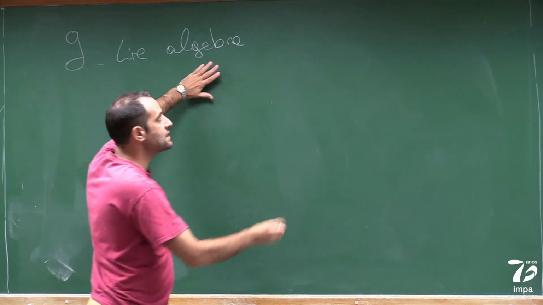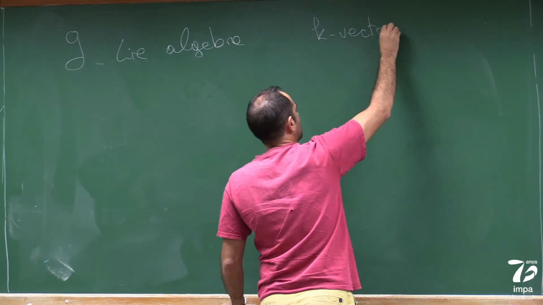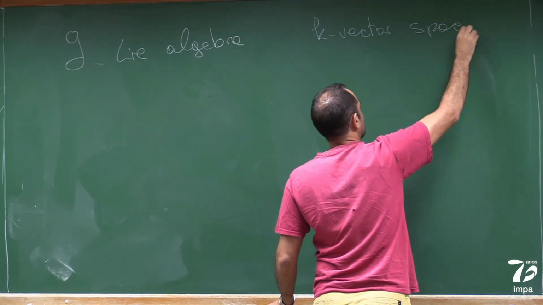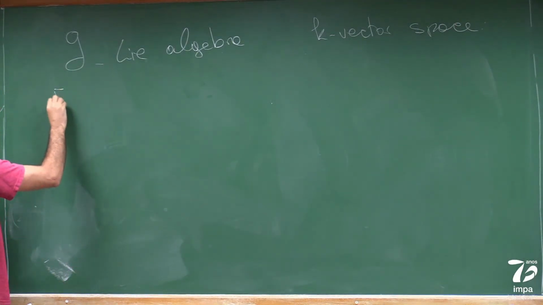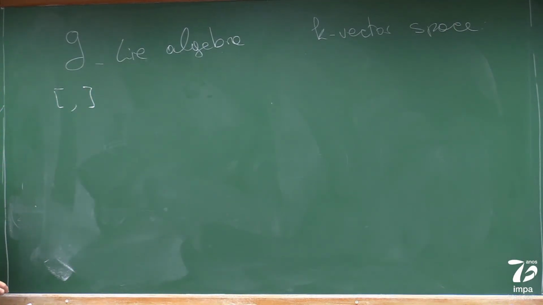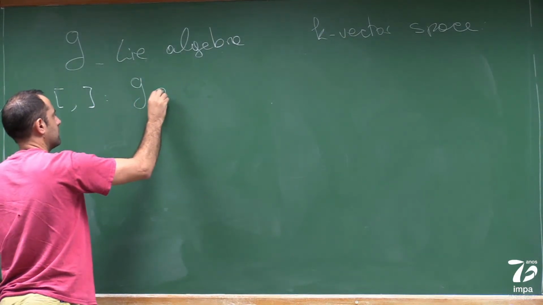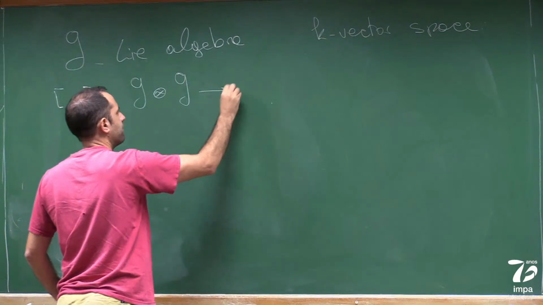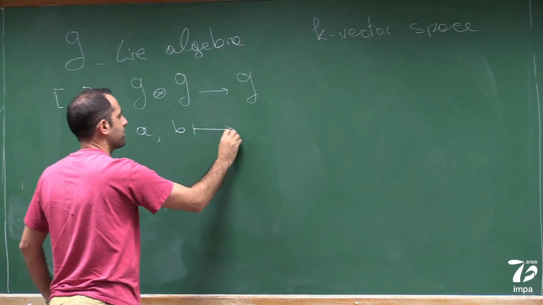So what is this? This is a K vector space that has two operations. Well, I'm sorry, that has one operation satisfying two axioms. It has one operation, which is bilinear. Let's call it the Lie bracket.